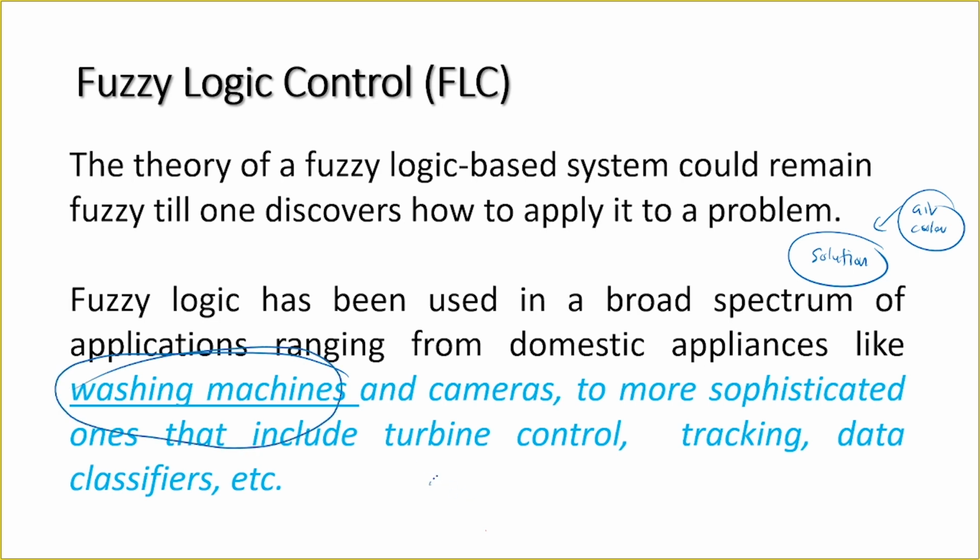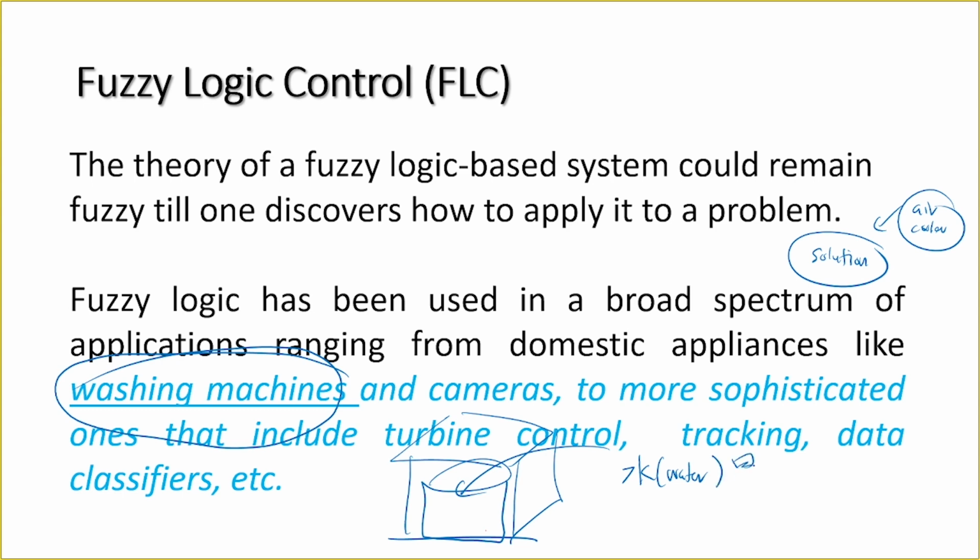So speaking of the washing machine, this is the inside of the washing machine, right? The drum that we have inside. Speaking of this, how the volume of water could be put in when we put the clothes at this height. This is the clothes, trousers.